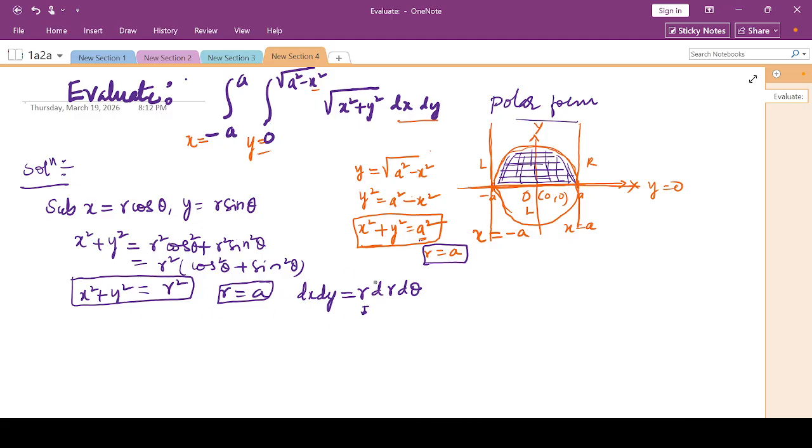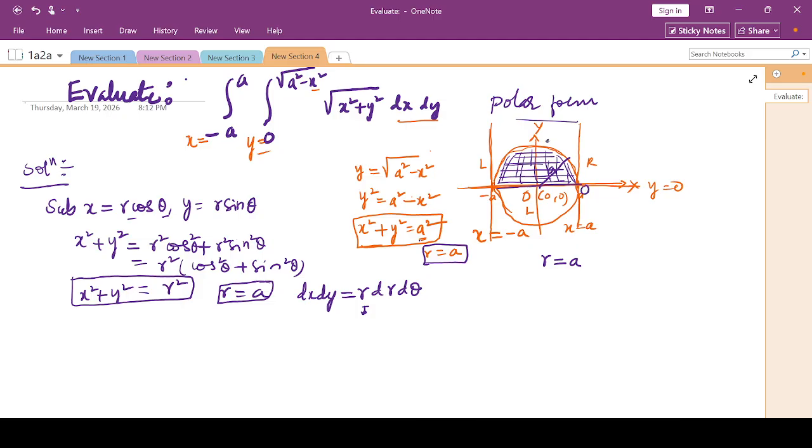So we are converting x and y in terms of r and theta, and look at the value of the radius. The radius means the value a.